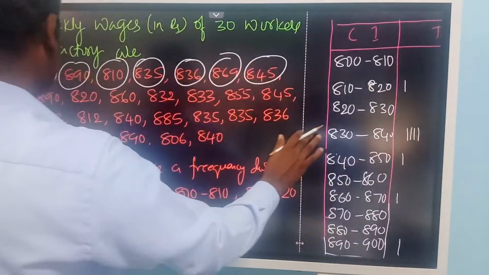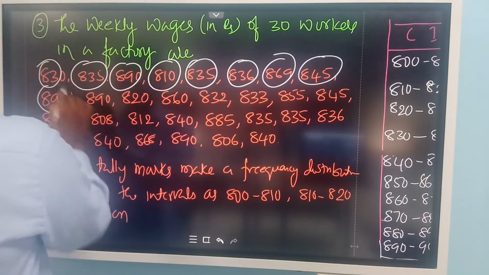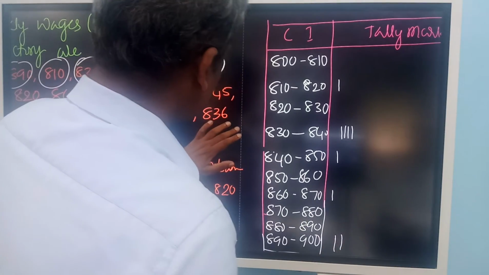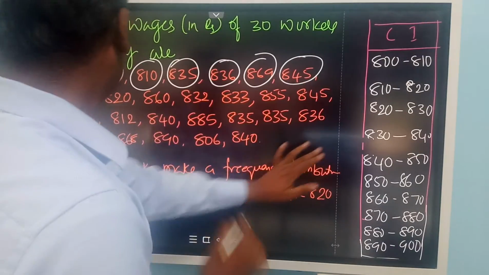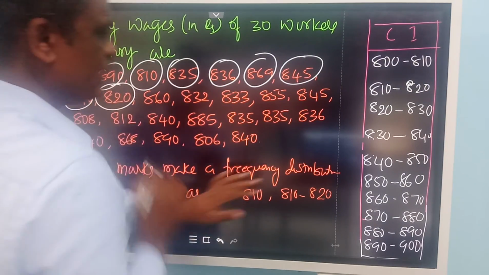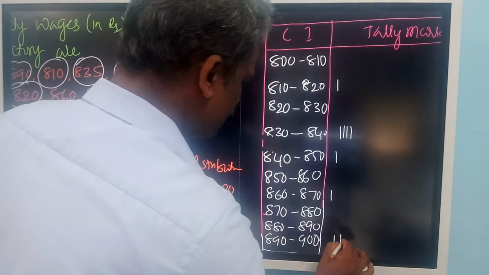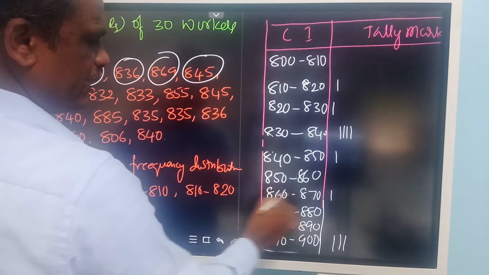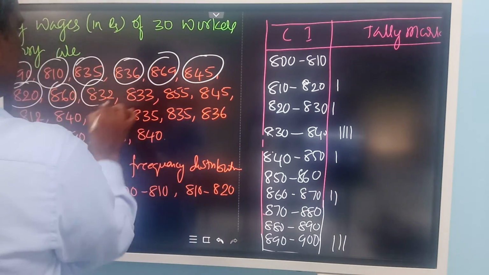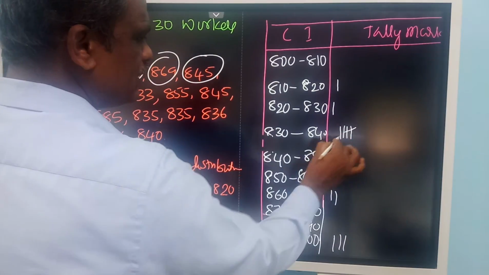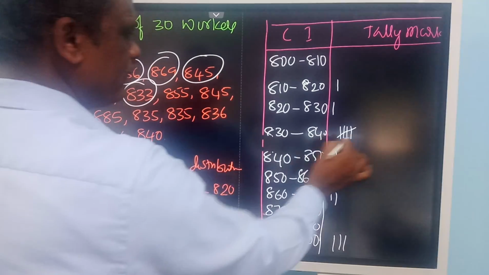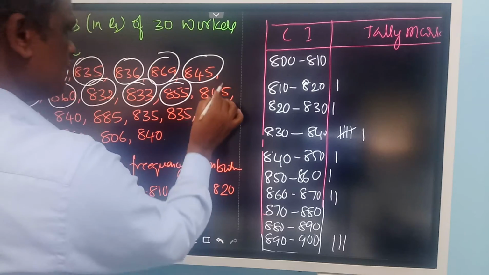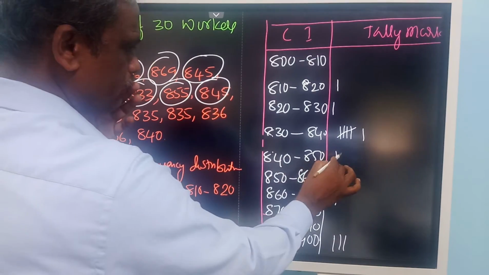In the same way, now 898. So 898 will come in the last group. Then 890, 820. 890 here, 820 here. Then 860 comes here. Then 832 will be in this group. 833, same group. Then 855, this group. 845, this group.